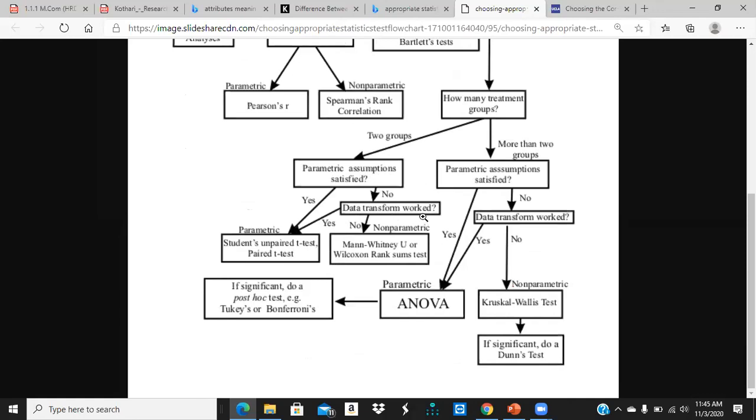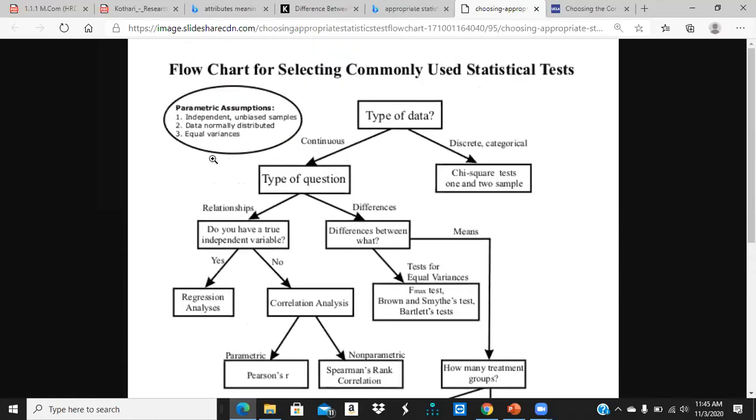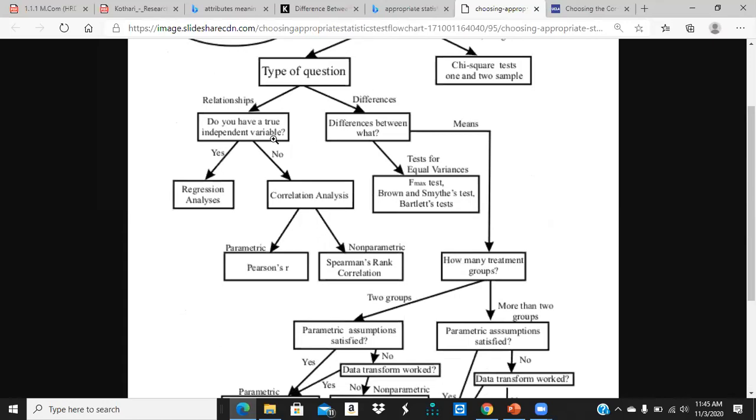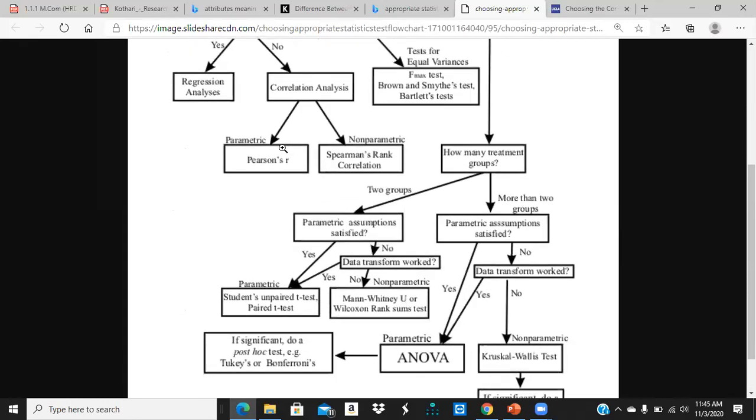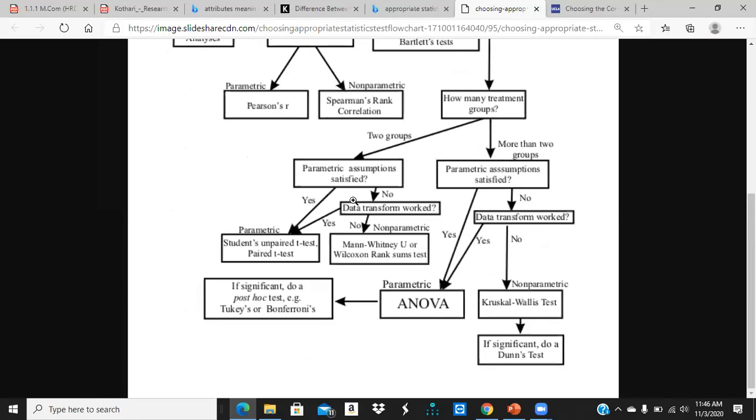That means in the parametric test, one of the assumptions is that it should be normally distributed. If the data is not normally distributed, we can transform the values into normally distributed values. It won't work always, but it works sometimes. If it works, then you can go for a parametric test.